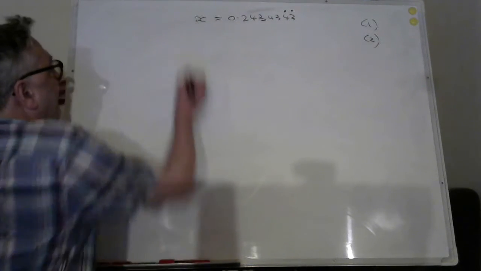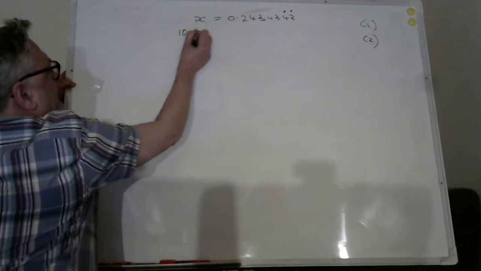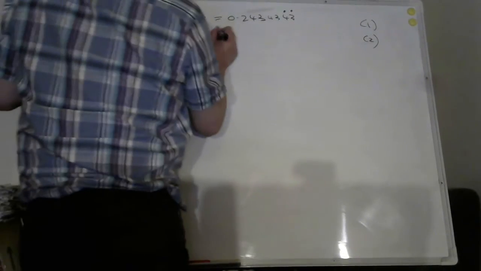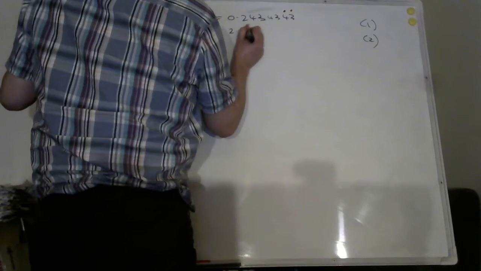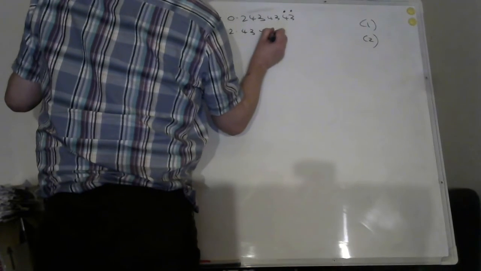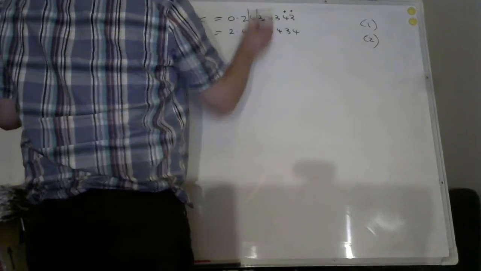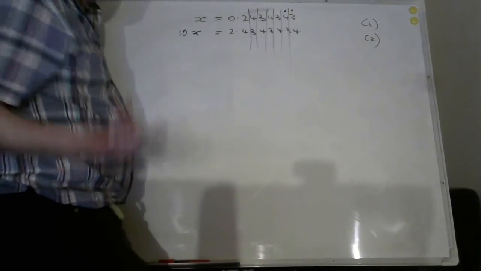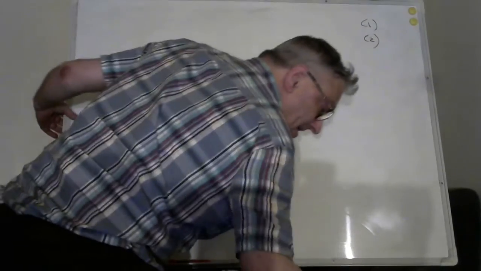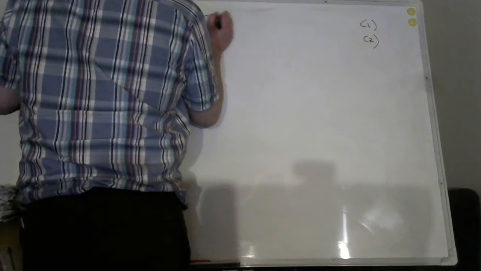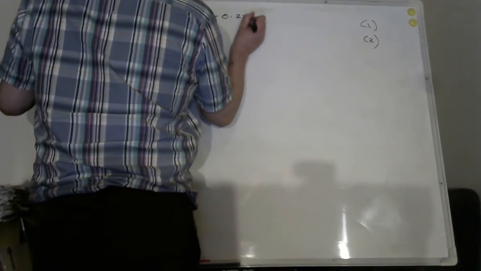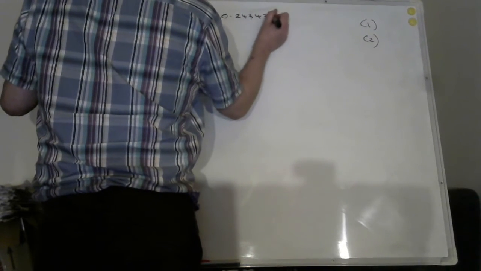That's the way I'm thinking of it. So you see, if we multiply by 10x, and I don't think this will work, we would get 2.43434344. So you can see that the 3s and the 4s do not line up. So what we need to do is, can you repeat that number to me again, Chris? X equals 0.2434343.